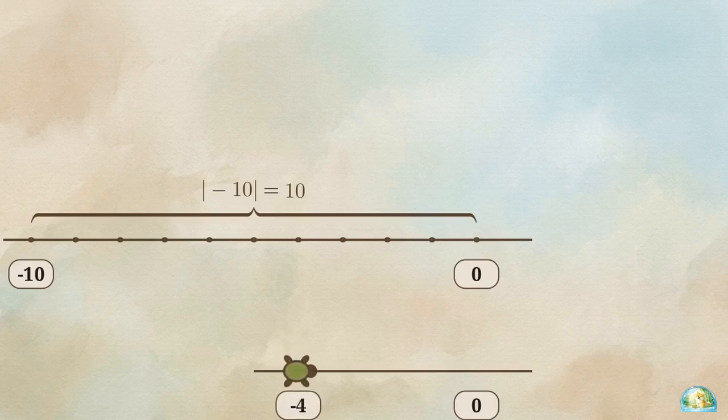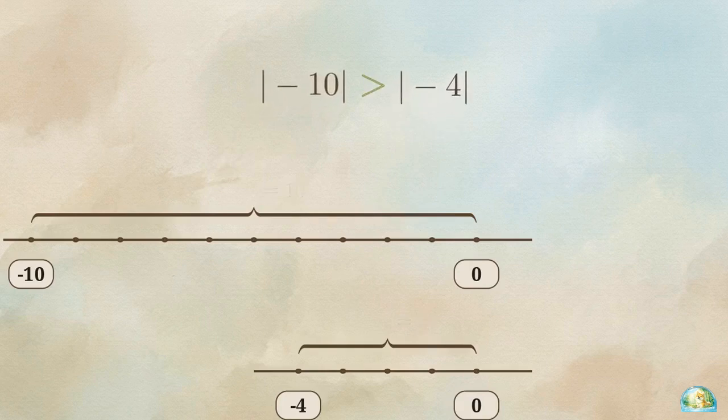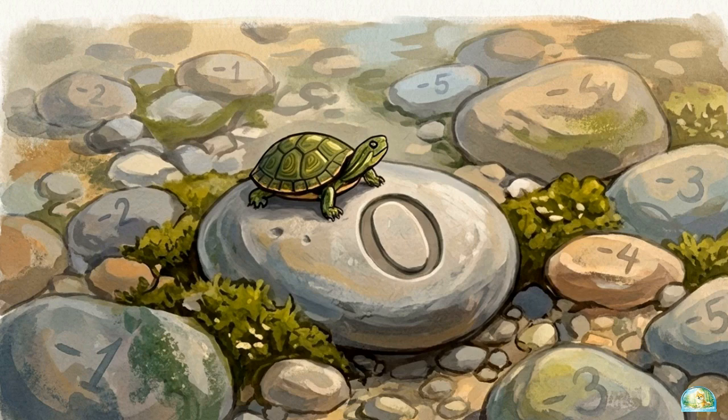The path from -4 to 0 only requires 4 steps. Comparing distances directly, a 10-unit path is longer. Thus, the absolute value of -10 is greater. Assuming that absolute values follow the same inequality directions as their raw signed numbers leads to completely backward comparisons.